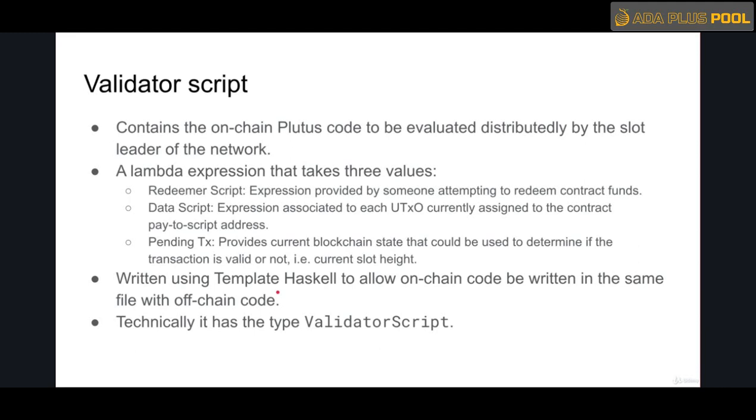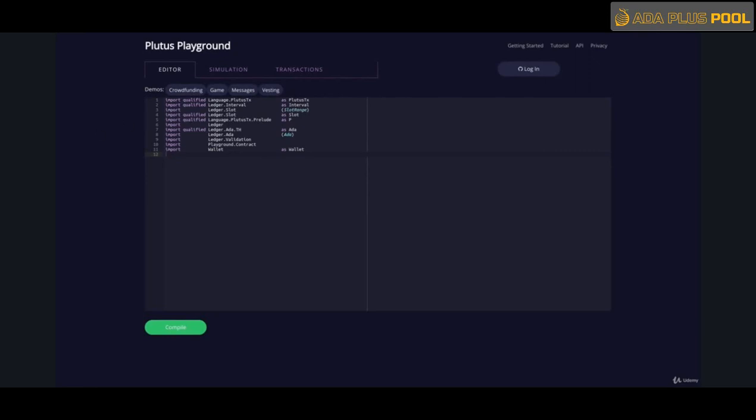So in our case, let's go write our validator script. Let's do something like this. We are going to do my validator script, that is of type validator script, and the code would be my validator script that comes from the validator script, and then we use this lambda expression to say what it means.